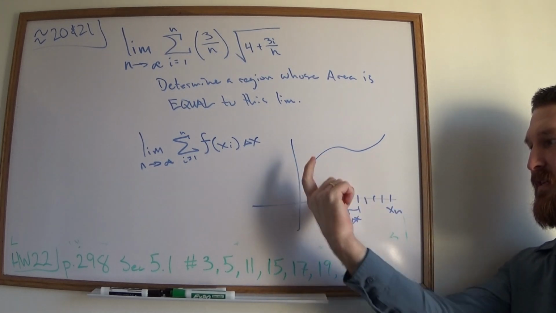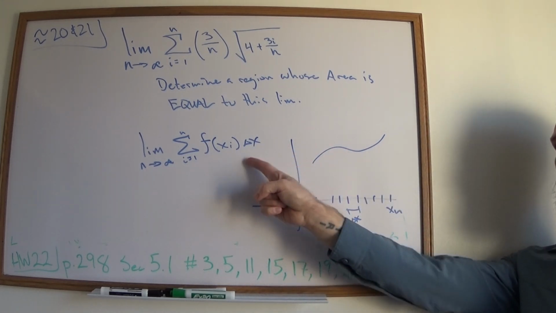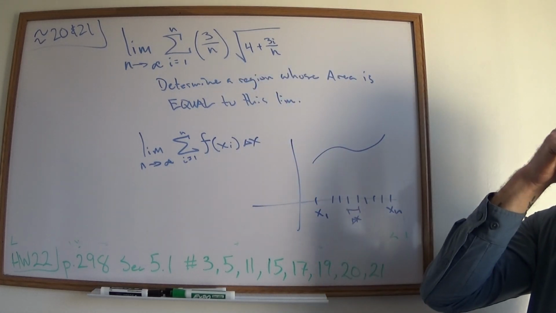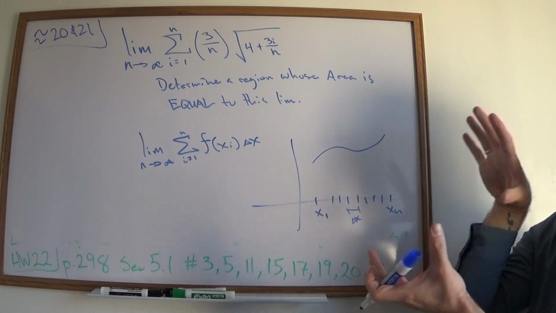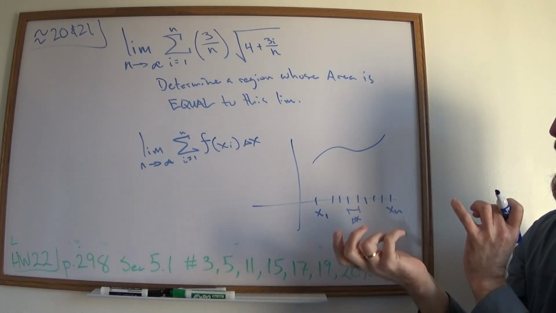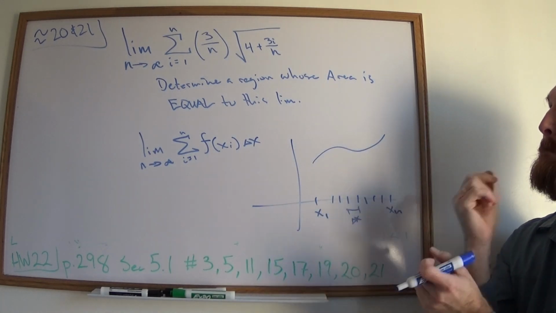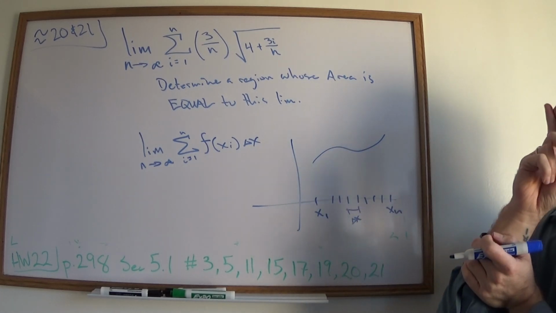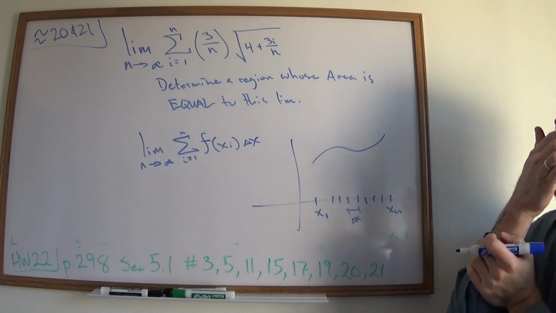And this is just a sum of all of those little areas, right? There's a height, there's a width. It's not obvious which is the height and which is the width here. What does it look like the function might be?